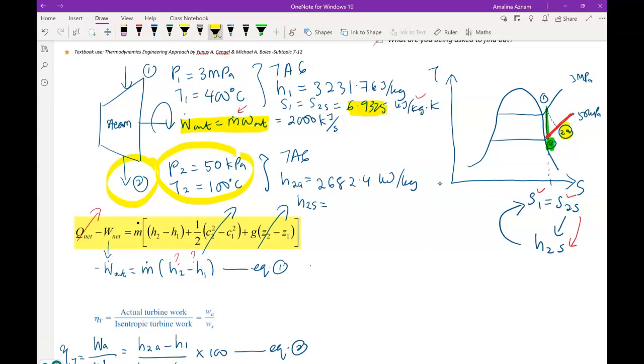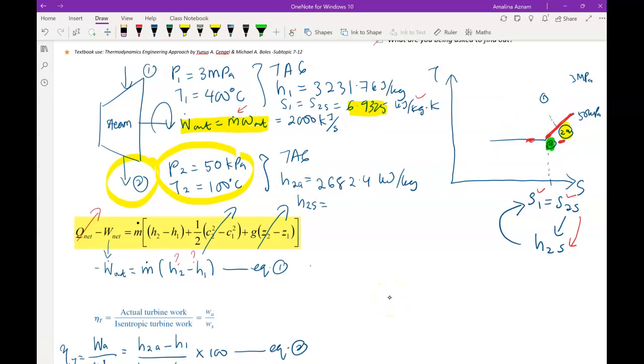So obviously what you have is somewhere around here, not in the gaseous phase. This is quite tricky, but we are going to find what your H2S is.